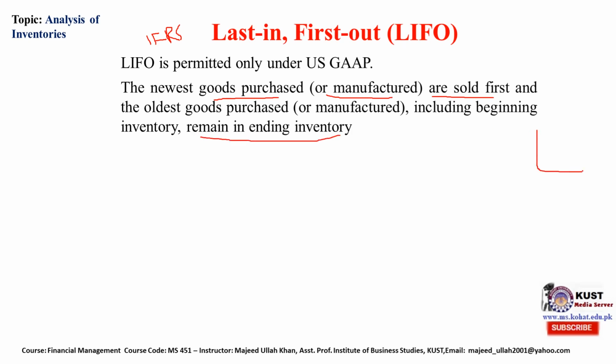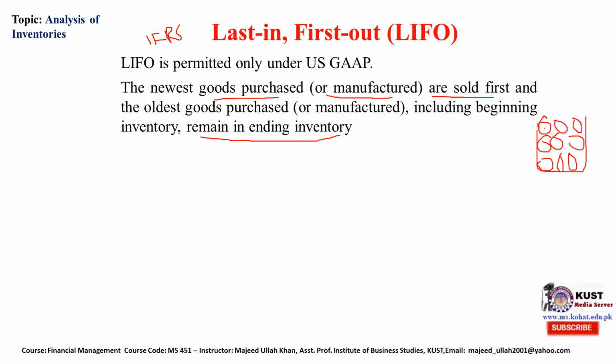Again, if this is our store and we purchase this one first, these three, and these three in second order, let's suppose this is beginning inventory, this is the order during the year, this is the second order, and this is the third order.